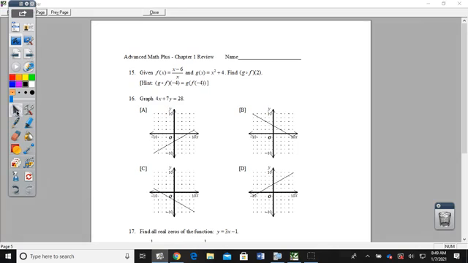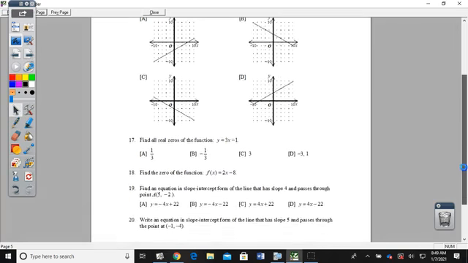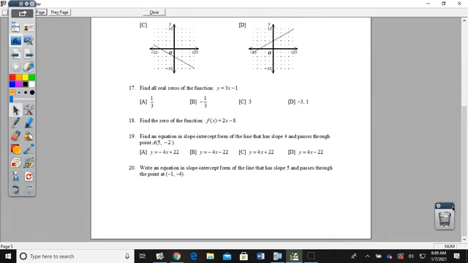17. Find the zeros. How do you find a zero? Plug in 0 is correct, but what do you plug in 0 for? The y. So you say 0 equals 3x minus 1. Add your 1 over. 1 equals 3x. Divide by 3.